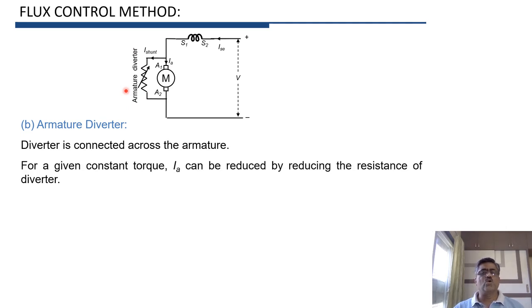Now suppose the load on the motor is constant. If the load on the motor is constant and the armature diverter resistance is reduced, let us see what happens. If armature diverter resistance is reduced, I shunt will increase, and therefore Ia will decrease.